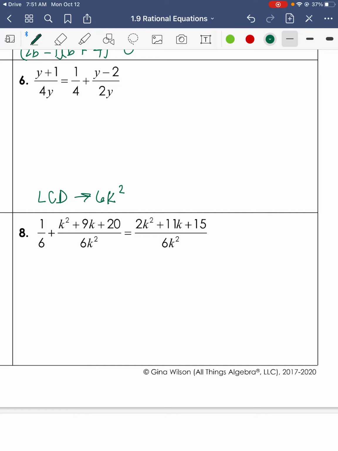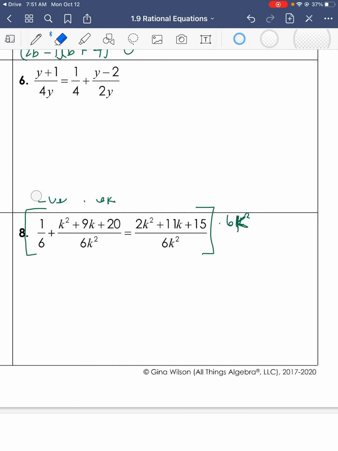So this is the smallest common denominator that we can have. So we're just going to multiply the entire equation by 6k squared. When we're multiplying an equation by a number, we're multiplying the numerator, but you can also just straight up cancel it out of the denominator. And that's what's going to end up happening here.